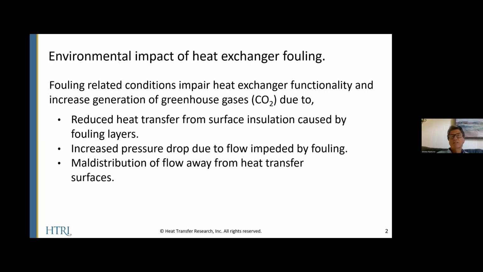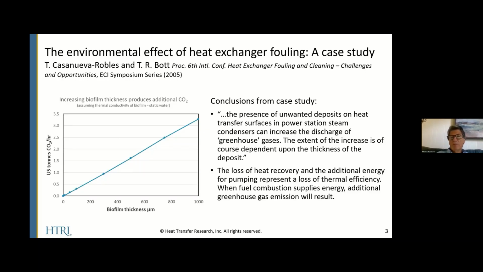and that all has a financial and an emissions impact. There have been many, many studies done over the decades that show there's a direct correlation between fouling within a heat exchanger and the production of extensive CO2 gases into the environment. And there's a loss of heat transfer.